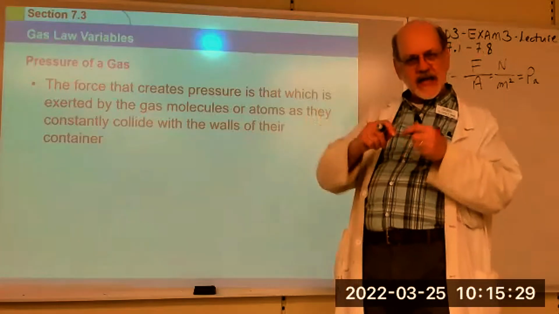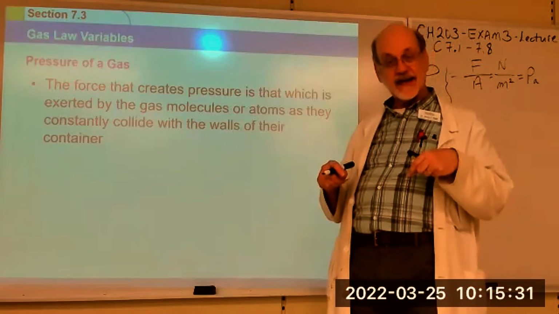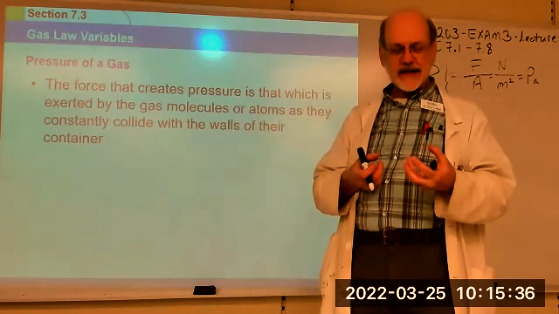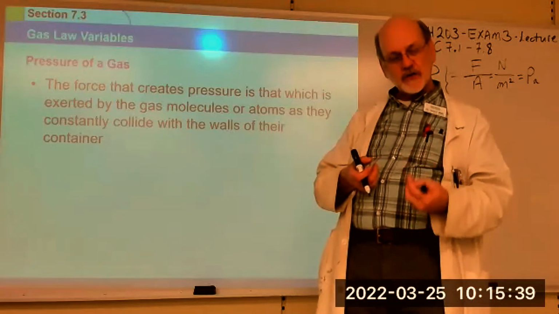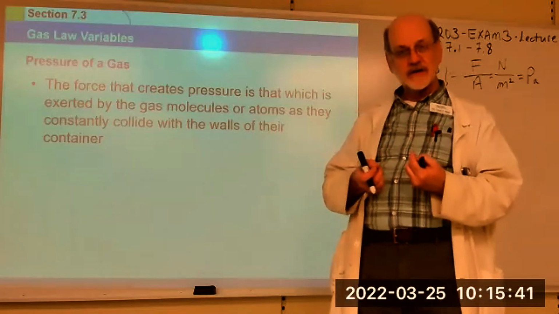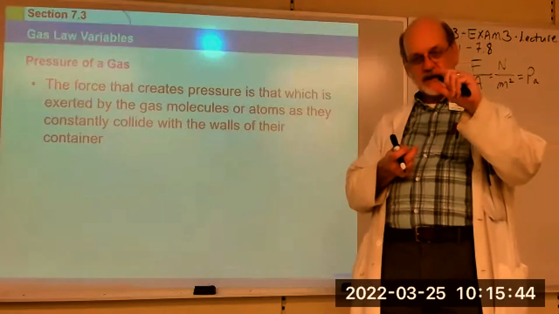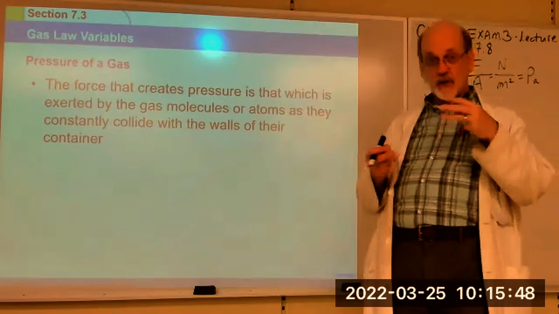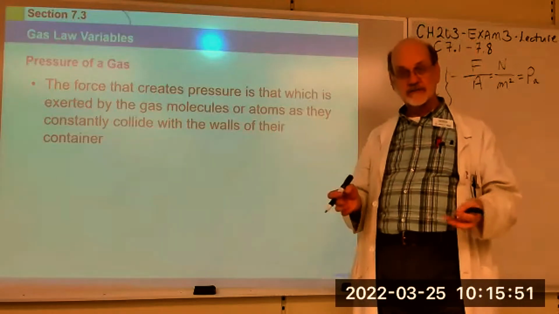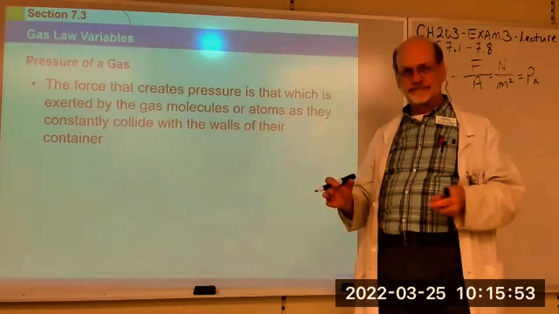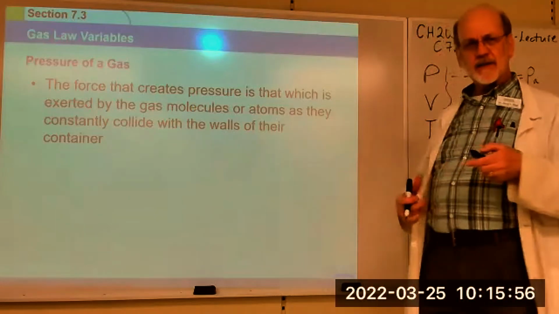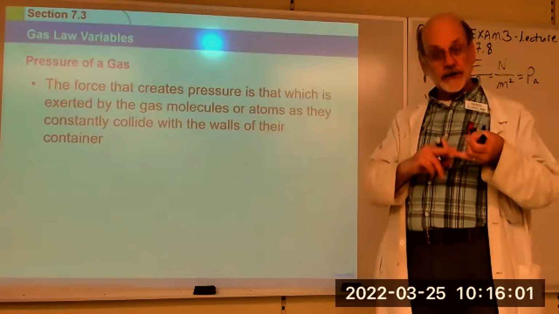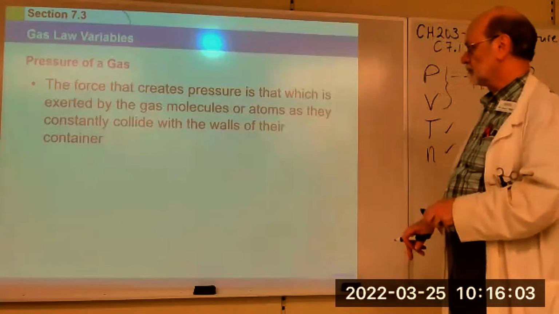All we have to do is screw a gauge into a tiny hole in that container, and we can measure the pressure that's inside the container. Why? Because those molecules are banging into our pressure gauge. There's a little diaphragm in there that responds to being hit by those molecules. If that were not the case, then we wouldn't be able to measure pressure. It would be sitting on 0 and not move. So, according to the kinetic molecular theory, those molecules are banging up against each other and the walls of the container.